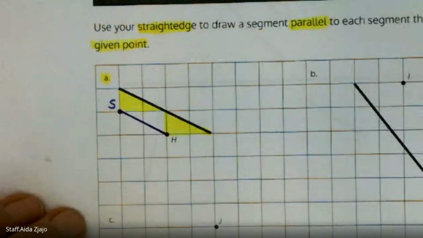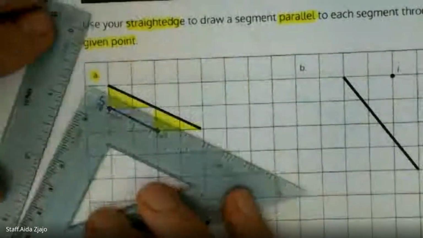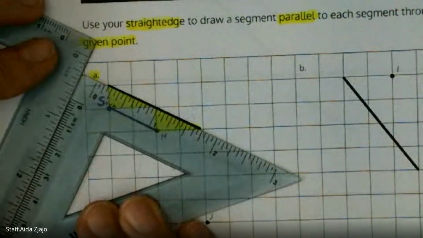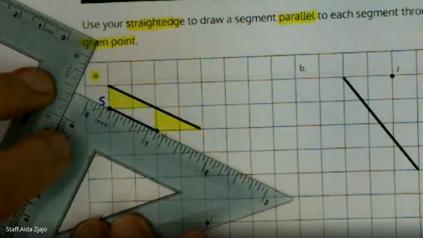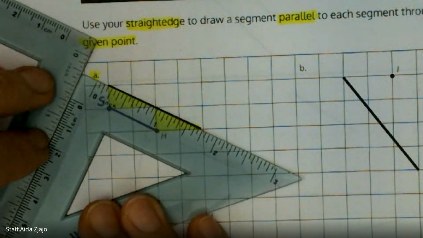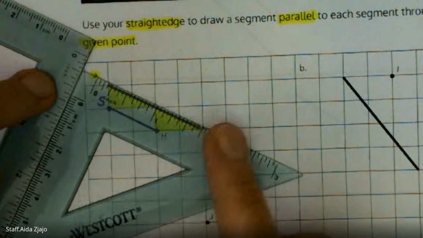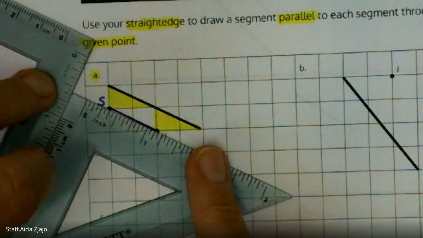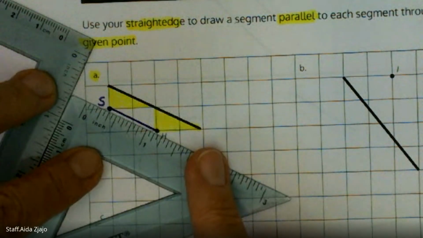So right there. If I line down, it's going to be parallel here. There's parallel to a line to my ruler. If I slide down, it's going to perfectly match to SH.